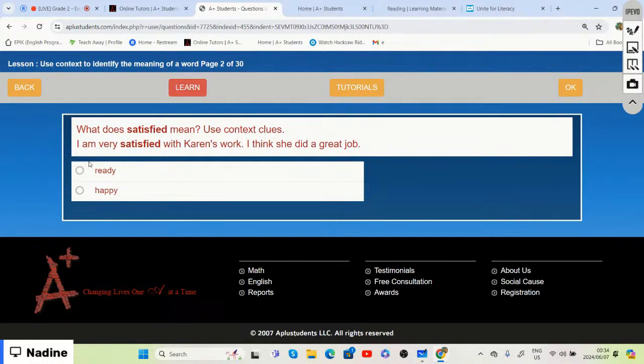The next one says, what does satisfied mean? It says, I am very satisfied with Karen's work. I think she did a great job.